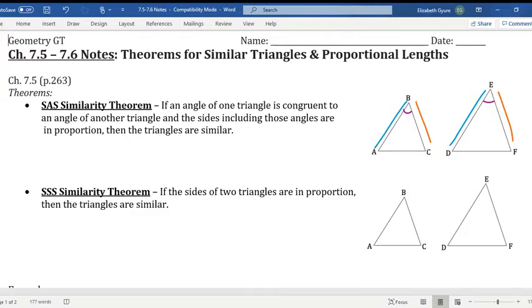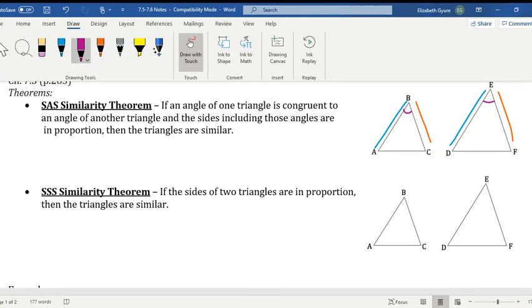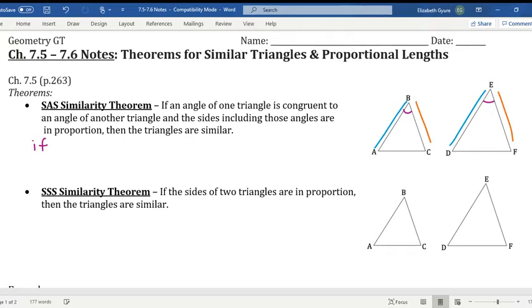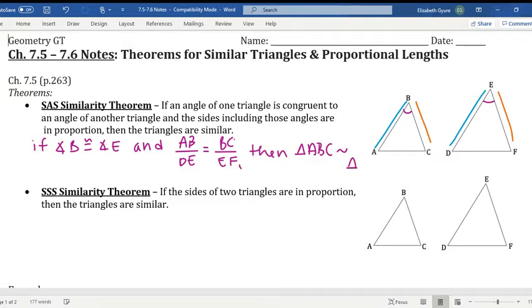So how that would look written out would be something along the lines of: if angle B is congruent to angle E, and the ratio of AB to DE is equivalent to the ratio of BC to EF, then we would be able to say that triangle ABC is similar to triangle DEF.